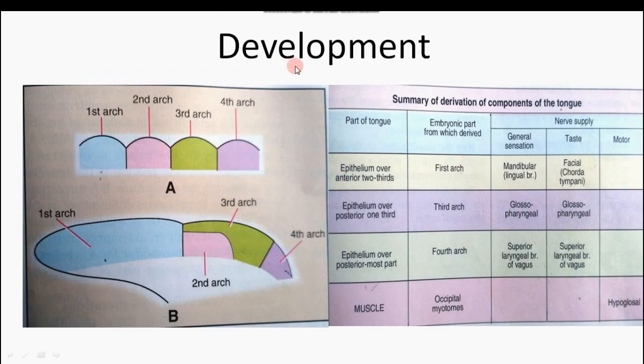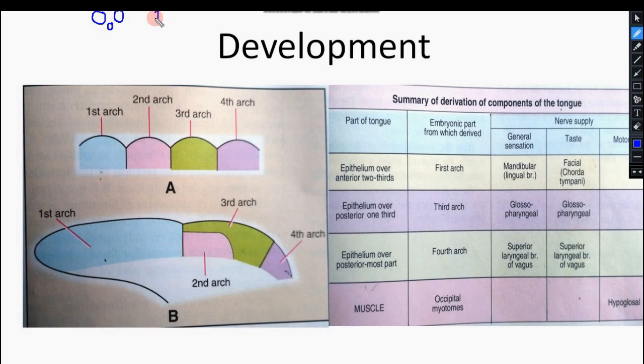Now let's see the development. Details of the development of the pharyngeal arches we have already covered during the embryology lectures. So let's see again. Two big swellings appear, the lingual swellings, and one small swelling in the midline, the tuberculum impar. These swellings appear from the first arch.